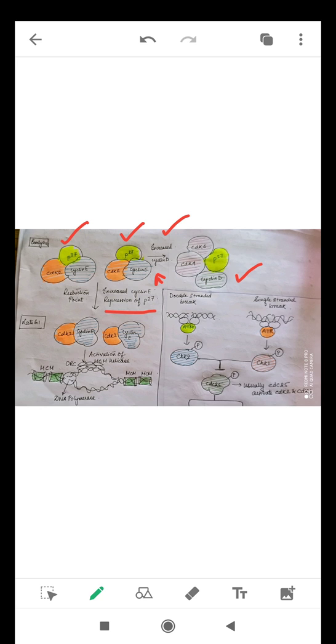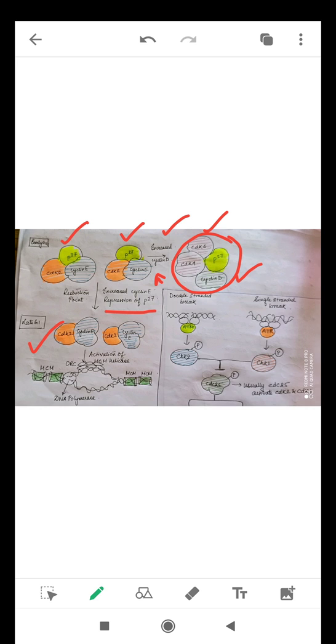So cyclin D binds a complex CDK4 and 6. So this whole complex will be formed, that is cyclin D, CDK4, CDK6, P27. And once this complex has been formed, in late G1 you get to see more and more of CDK2 and cyclin E complex, which is an active complex.